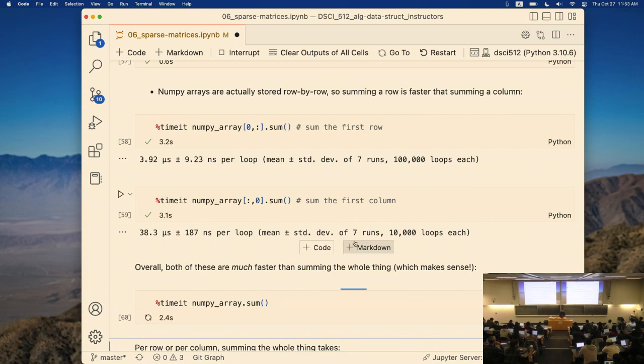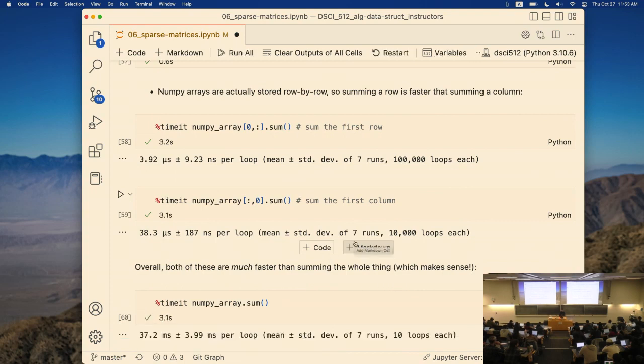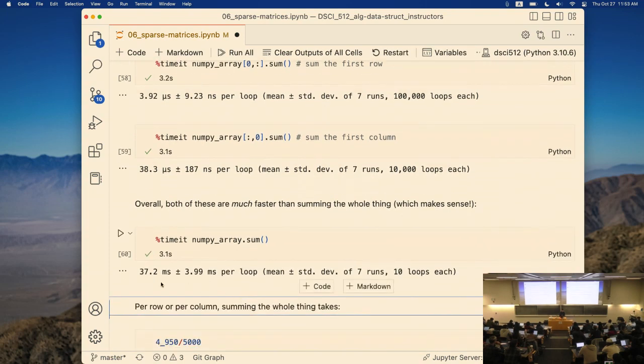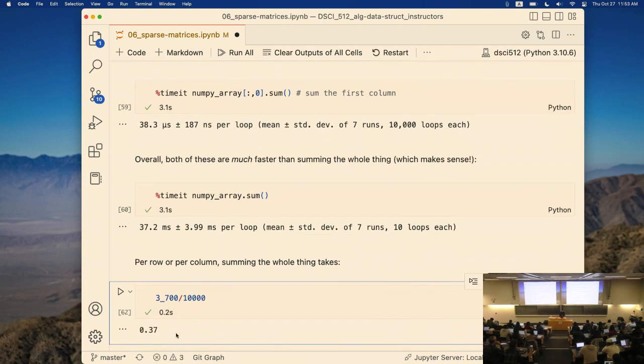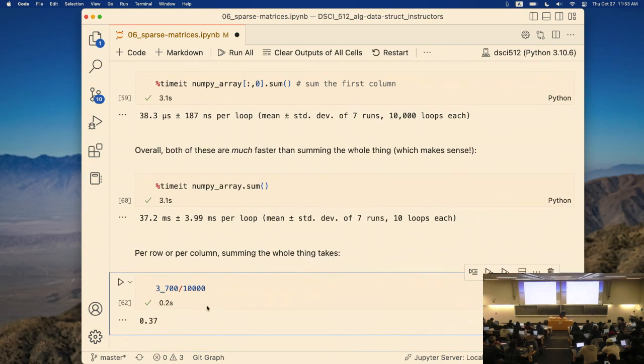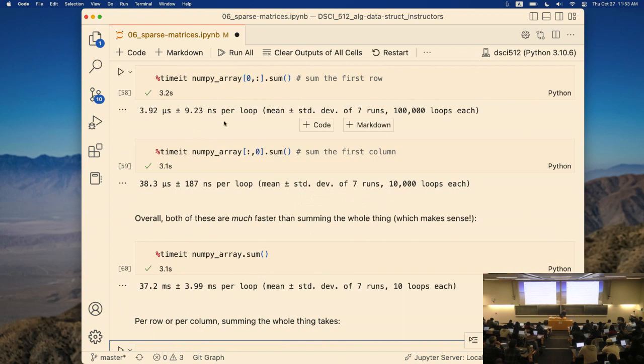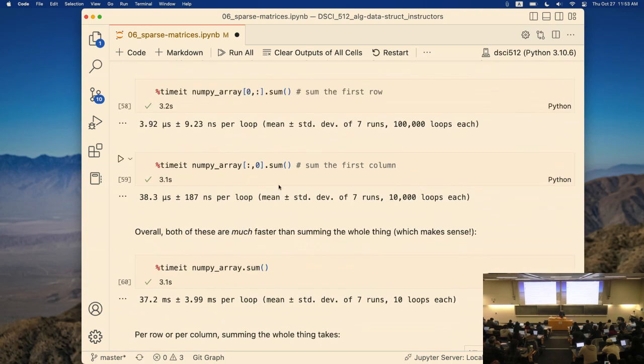And summing the entire array takes 37 milliseconds, divided by about 10,000 rows. That's about 0.37 microseconds per row, which is faster than even summing a single row. So that's the average value per row, and you can see that summing the entire matrix gives you a better average value for summing each row.